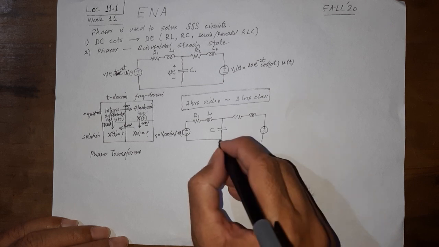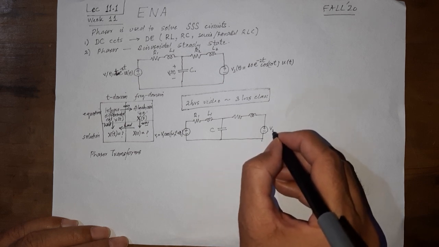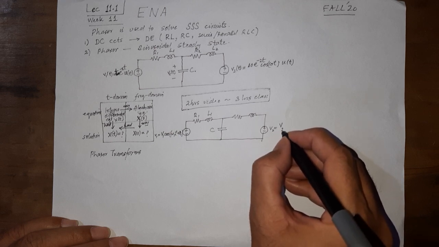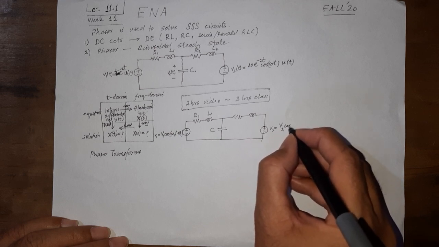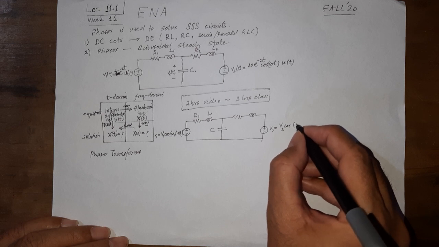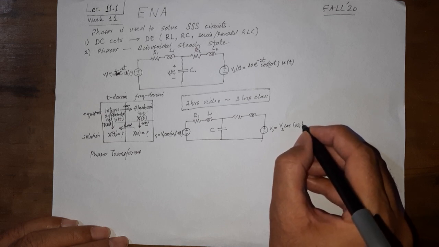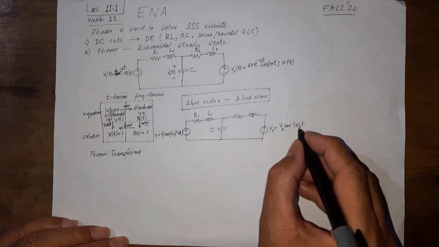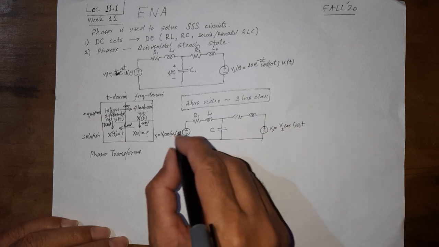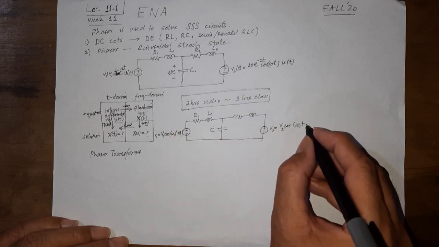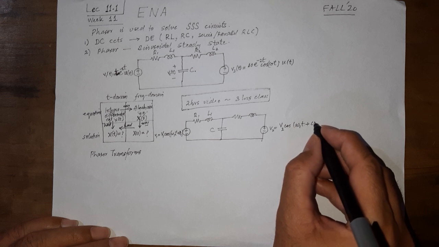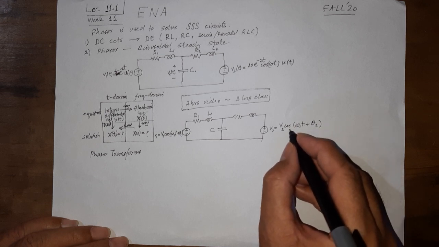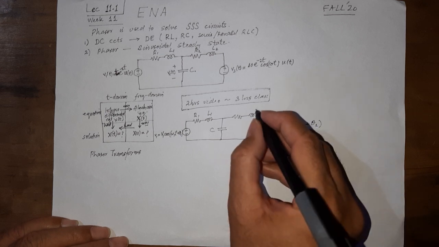and this source is also sinusoidal. So let us say V2 is some capital V2 value, constant value, the maximum amplitude, and the same omega. These both sinusoids must be of the same frequency for us to be able to solve them together, but they can have different amplitudes and different phases.